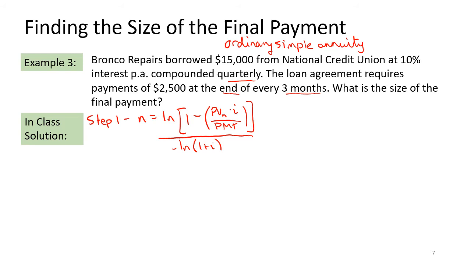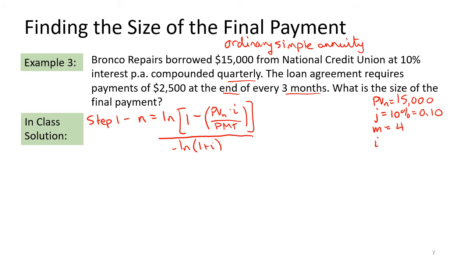So again, my sidebar, what do I know in this question? Our present value, in this case, is 15,000. Okay, that's what our loan is worth today. Call it at time 0. Our nominal interest rate, J, is 10%, which is equal to 0.10. Our number of interest compounding periods is quarterly, so M is 4.